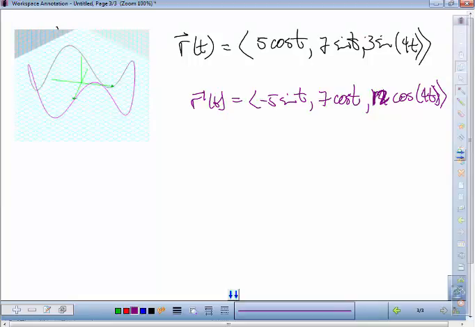First of all, we have to acknowledge that this is a vector-valued function. But this vector is not a vector in standard position.